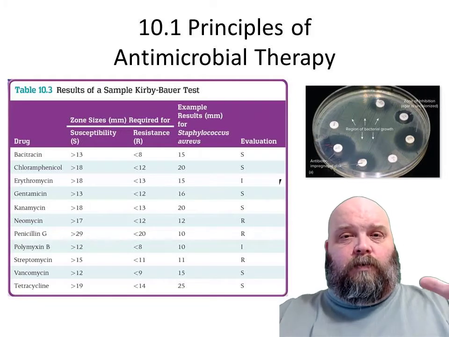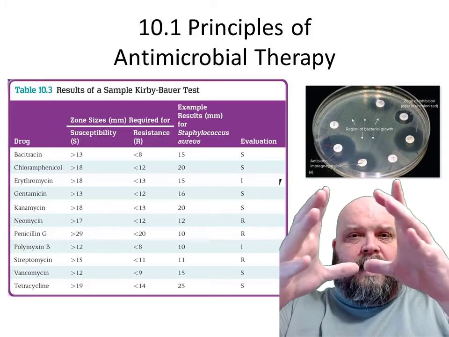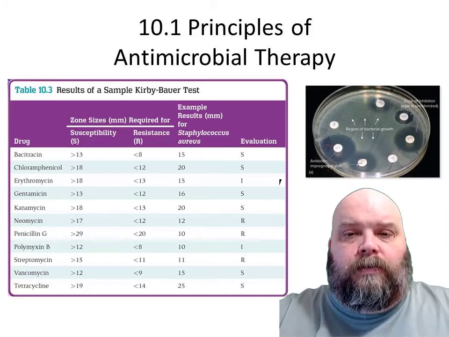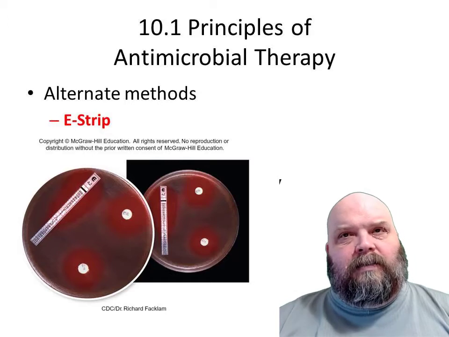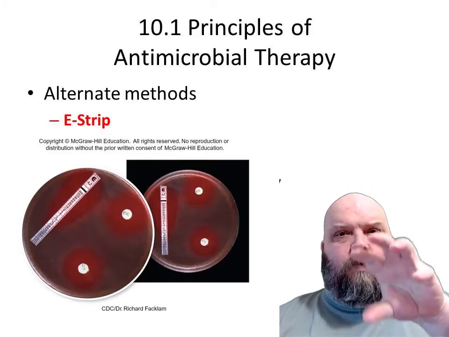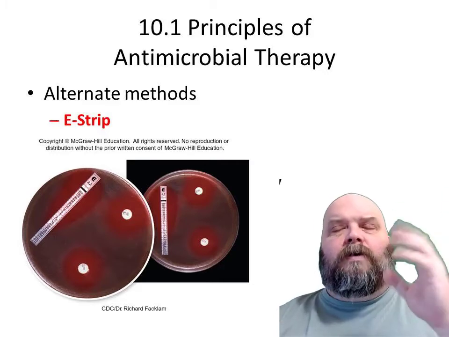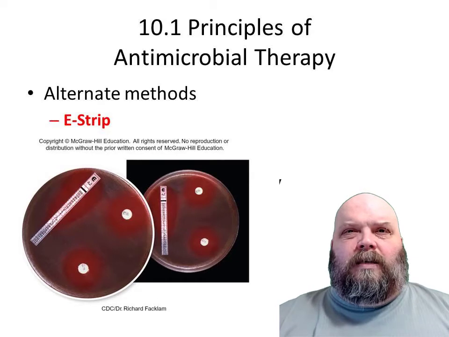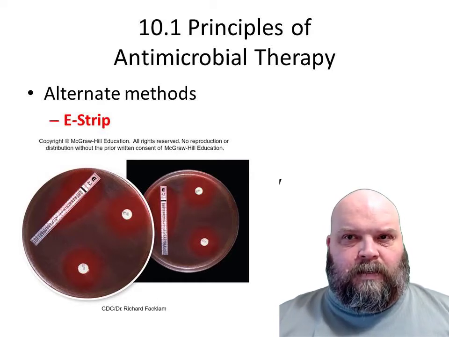It means if they're resistant, they can grow closer and closer to that disc because they can handle higher and higher concentrations. Problem is that takes time, and it's dependent upon what's the initial concentration of the antibiotic in the disc, what the zone's going to be, and it's not very definitive.